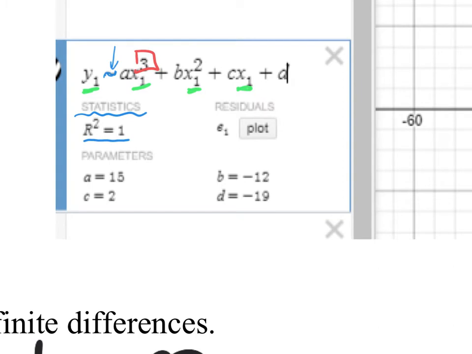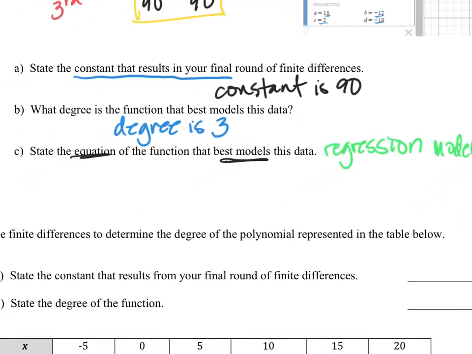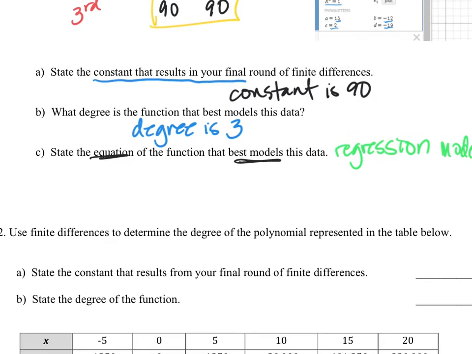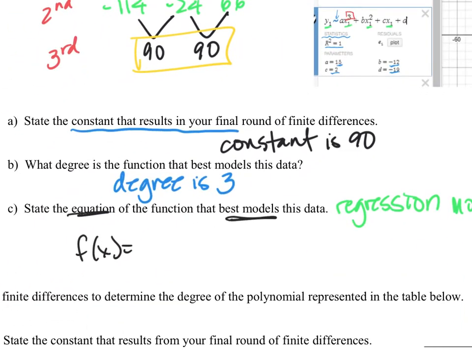So now we see that the A is 15, the B is negative 12, the C is 2, and the D is negative 9. We are putting those in that location of that cubic model. So we're going to have f of x equals, the A was 15, so 15x cubed.